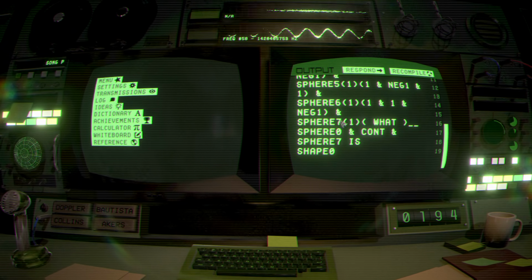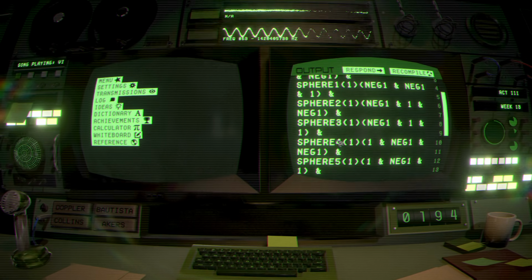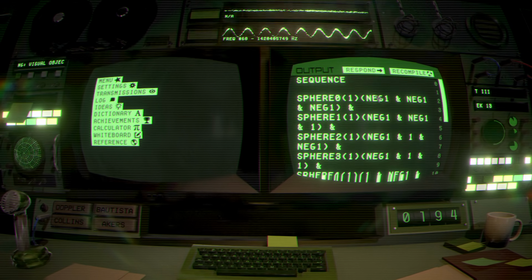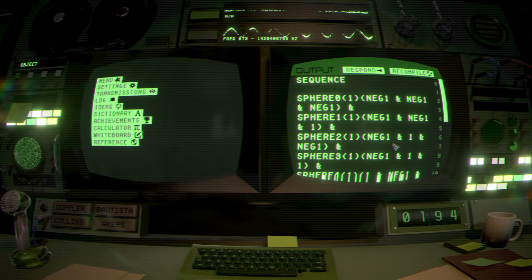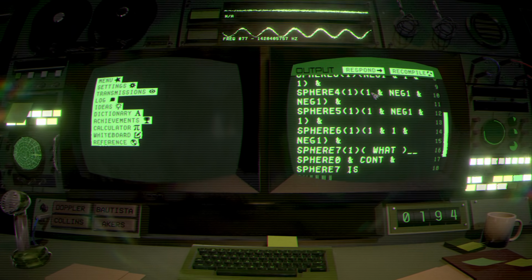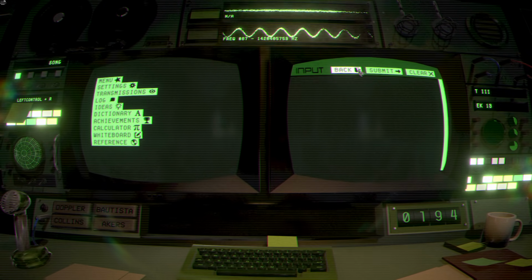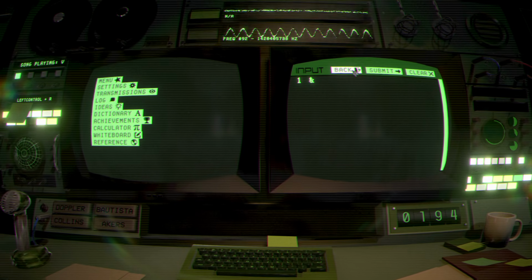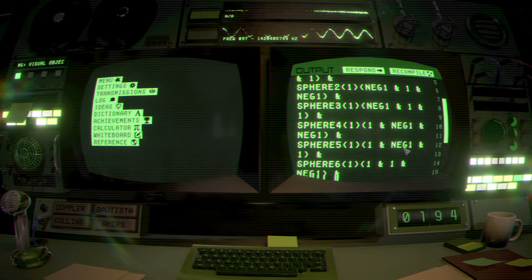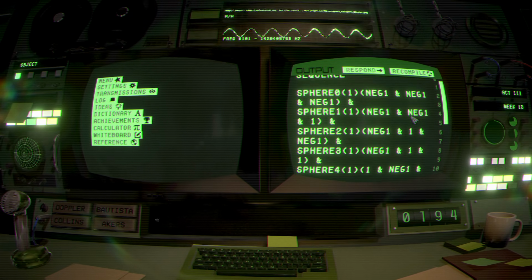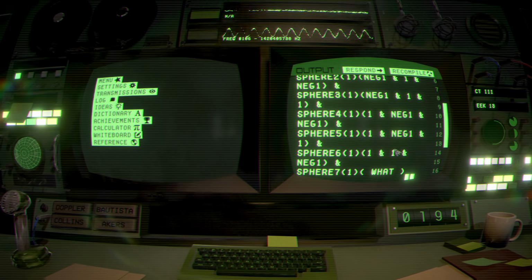Okay, so sphere 7. So let's follow the pattern. So we have negative x, negative x, negative x, negative x, positive x, positive x, positive x. So this must be positive x. So instantly we're going to say 1. And what are the y's looking like? Negative, negative, positive, positive, negative, negative, positive.